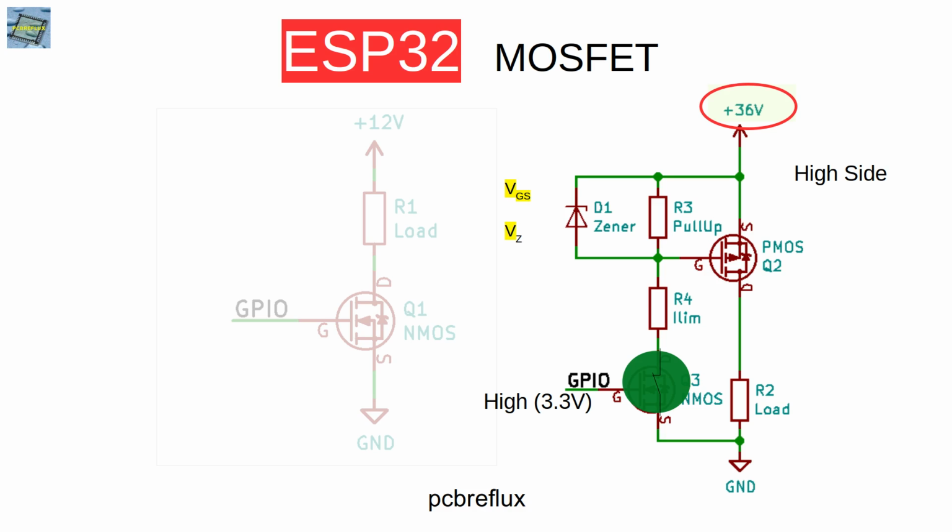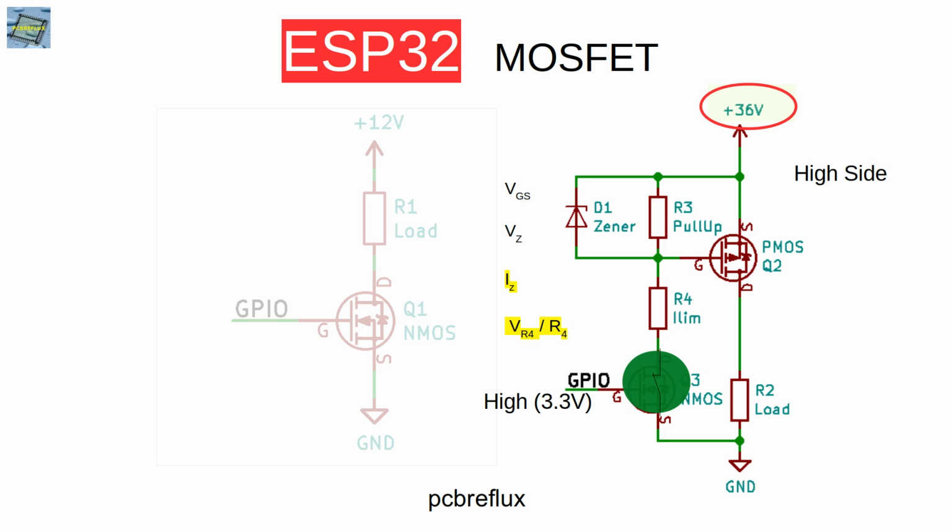So in our case, if we use a 10 volt Zener diode, the gate source voltage is limited to 10 volts and the current is roughly calculated by 36 volt minus 10 volt and we get 26 volt, and 26 volt divided by the limiting resistor is the Zener current roughly.